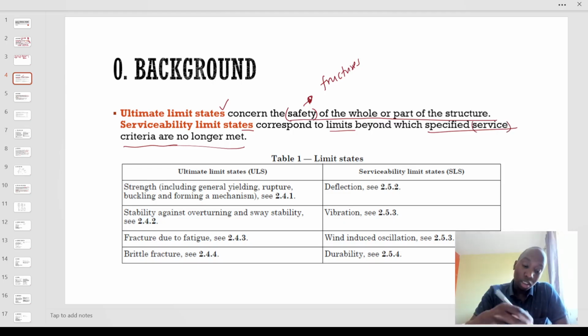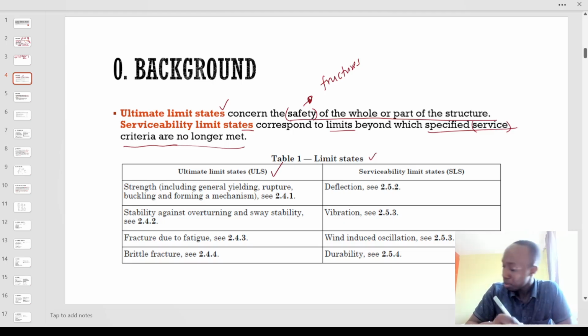So just have a look at this table that I have identified, talking about limit states. When you talk of ultimate limit states, the first one we'll talk about is strength. Is it strong?